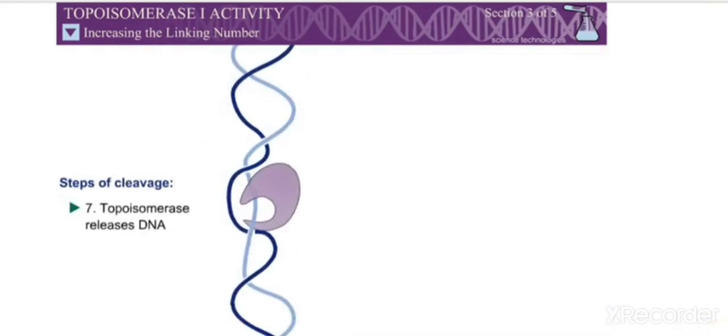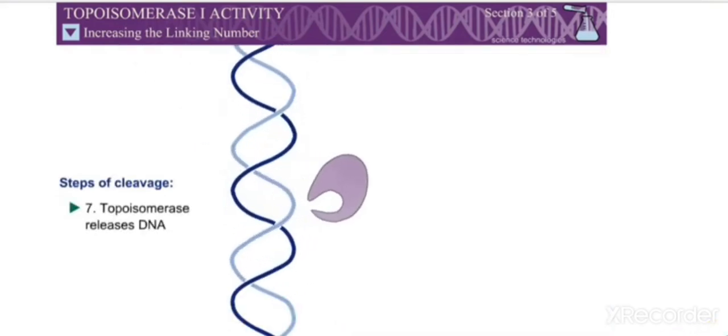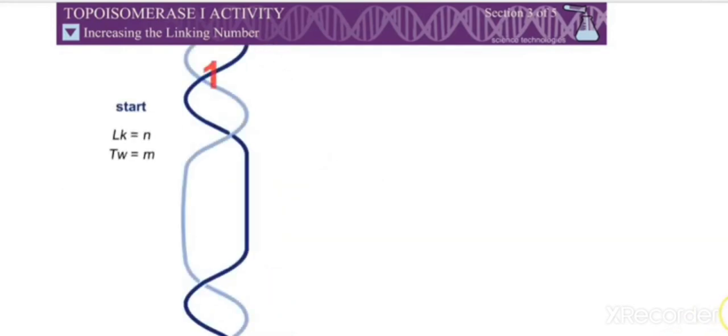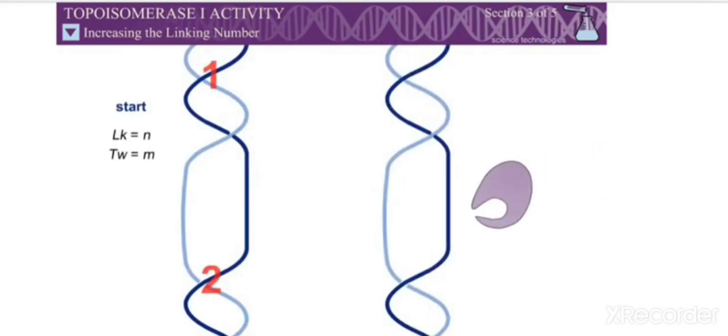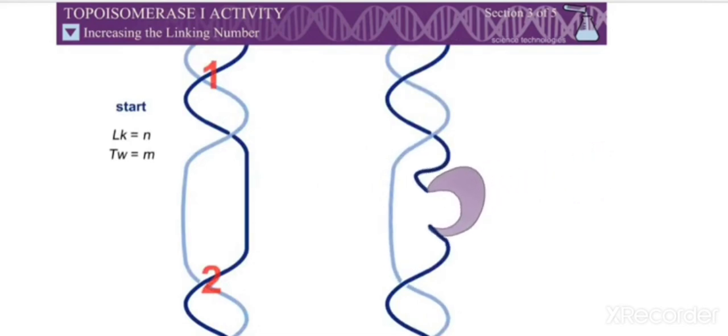Finally, the topoisomerase undergoes another conformational change, opening up and releasing the DNA. Overall, the reactions catalyzed by the type 1 topoisomerase have added one twist to the DNA, increasing the linking number by 1.